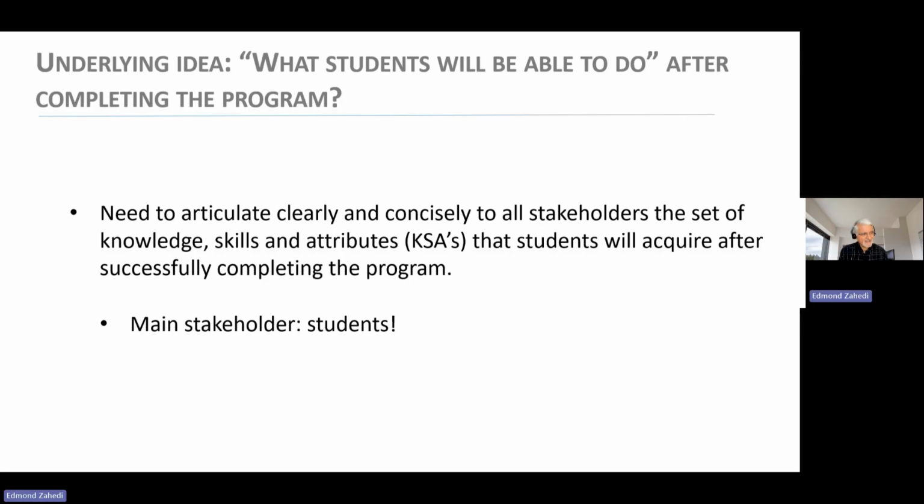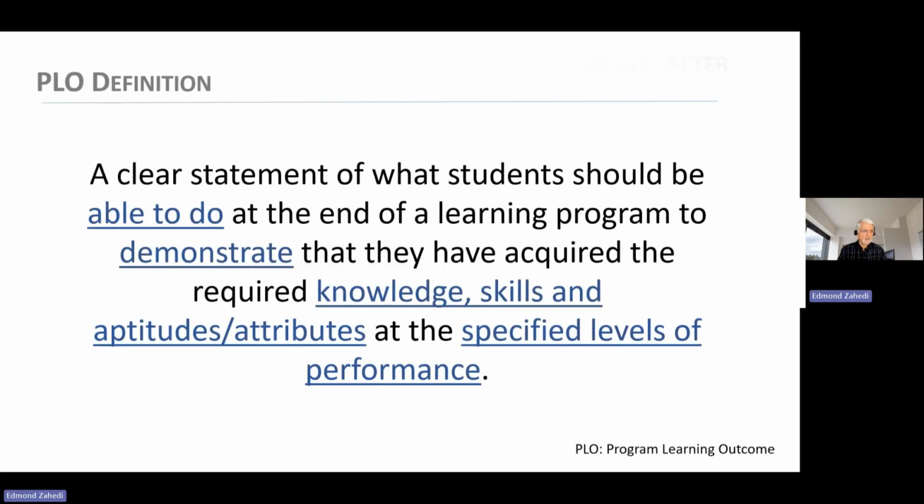In short, we are stating the set of knowledge, the set of skills and attributes or abilities of the students, hinting to the fact that we are moving toward a competency-based education, primarily concerned with what students know and can effectively do with this knowledge. So again, this approach is radically different from just indicating what knowledge students are supposed to gain in the program.